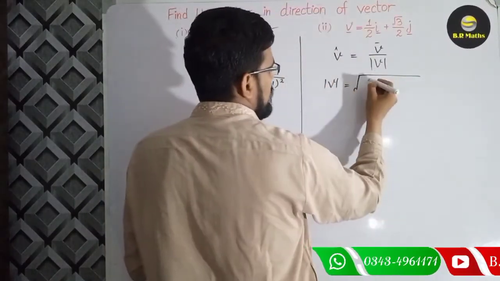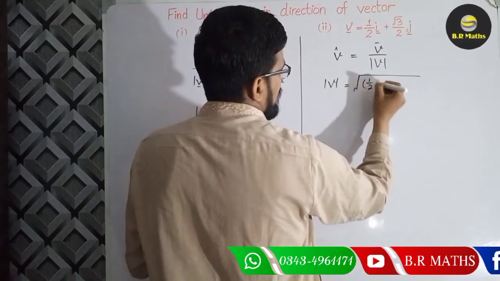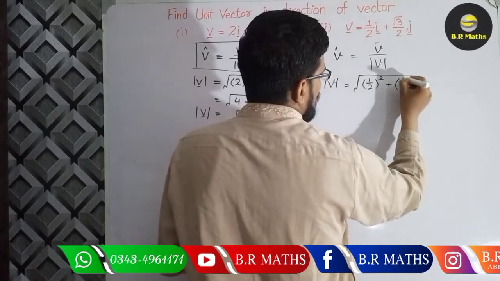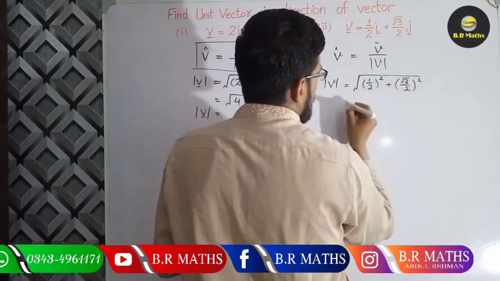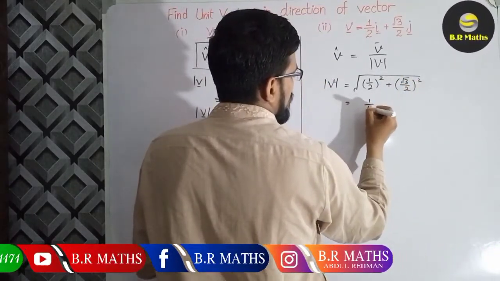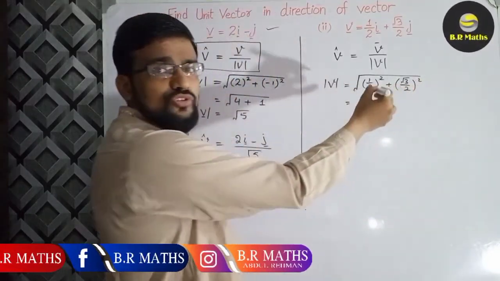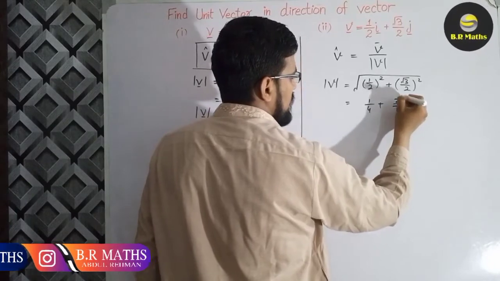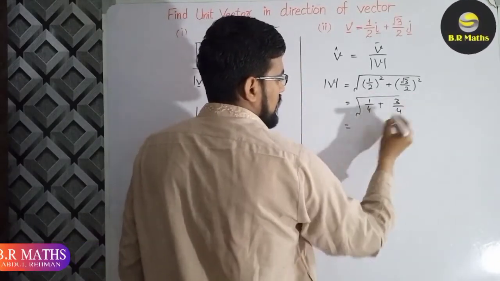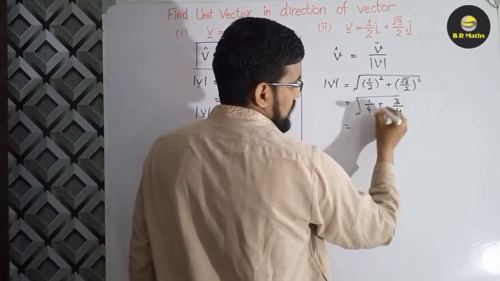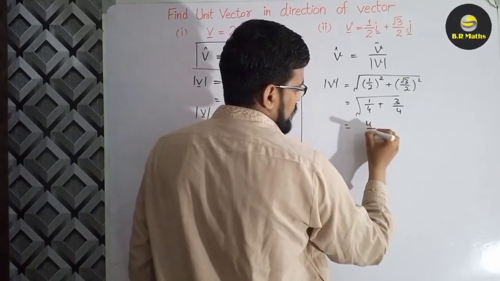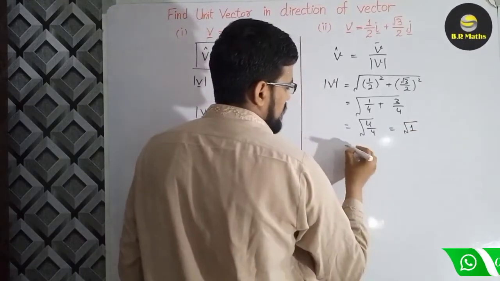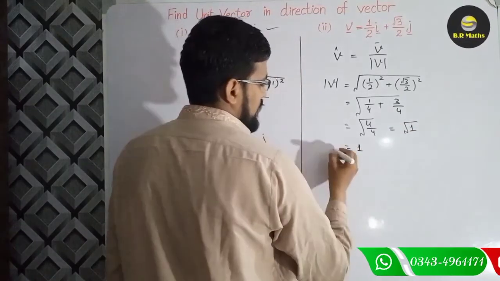Square root of 1 over 2 square plus square root 3 over 2 square. It becomes 1 over 4, and square root 3 over 2 square, the square root cancels, and then 3, and the square of 2 is 4. And after solving, 4 over 4, which is equal to square root 1, and it means the square root of 1 is 1.